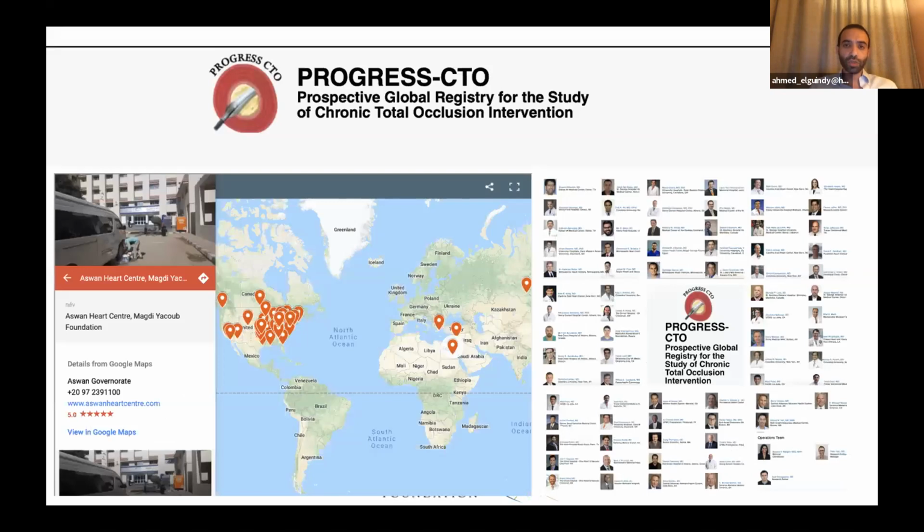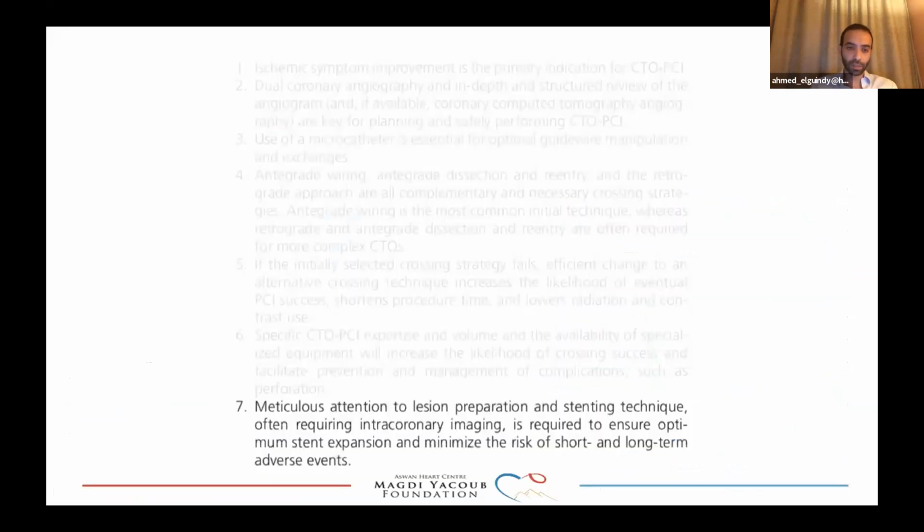And one way to do that in a very didactic and structured fashion is to join an international registry where you can benchmark against different centers, both those with more experience or with more volume, and try to look at the benchmarks, and this can be extremely useful in addressing key weaknesses in your practice.